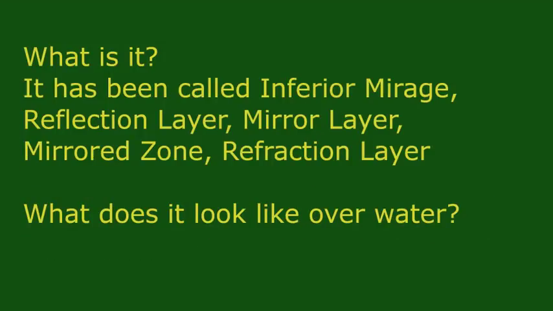So let's think about what it is. It's been called the reflection layer because you see a reflection, mirror layer, mirrored zone, refraction layer, and of course inferior mirage. What does it look like over water?